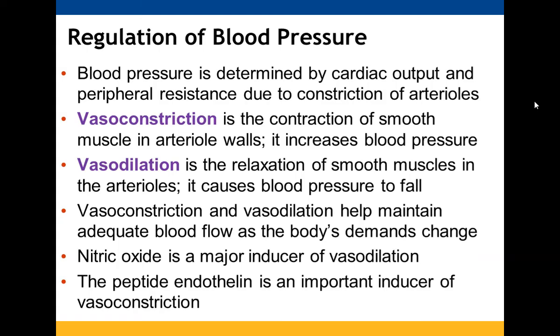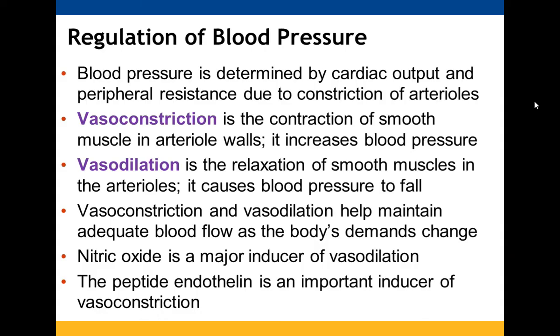Blood pressure is determined based on how well your heart is working and how things are moving through your arterioles, what type of resistance the blood is encountering as it's moving through them.